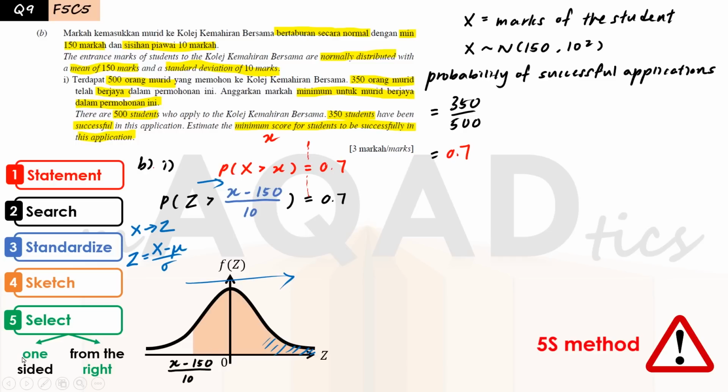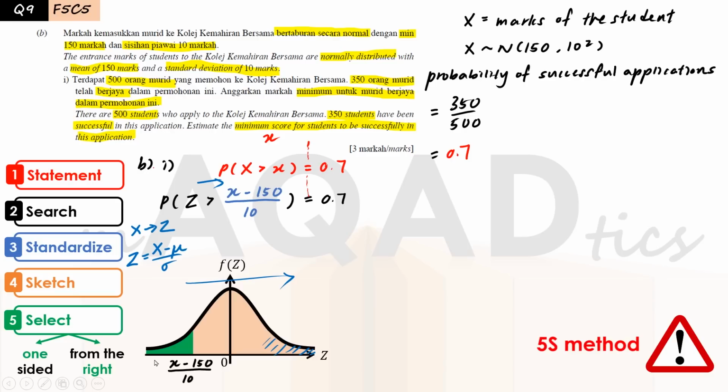So how can we solve this? Alright, so instead of focusing on this area, we are going to focus on the other area which is not our focus, which is here. Why I focus on this is because it is one-sided, but it fails the other criteria because it's not from the right end, it's from the left end.